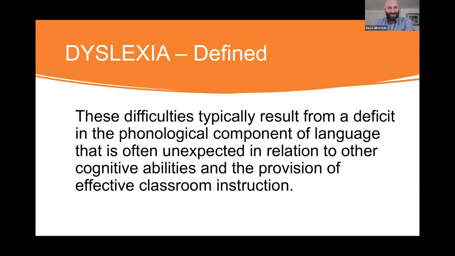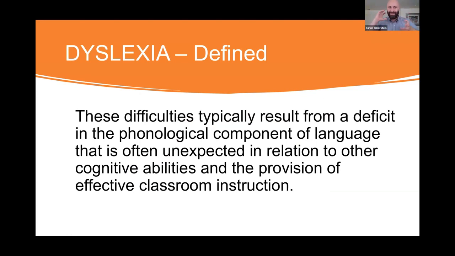The difficulties, right, in their word level reading, decoding, and spelling typically result from a deficit in the phonological component of language that is unexpected in relation to their other cognitive abilities and the provision of effective classroom instruction. So when you're thinking about trying to determine if a student has dyslexia, typically the cognitive processing area that would be weak would be their phonological processing, the sound-based process, right? Not vision, not letter reversals, right?